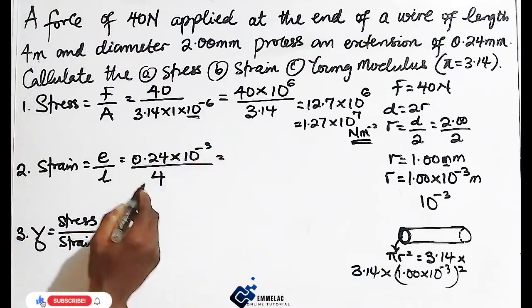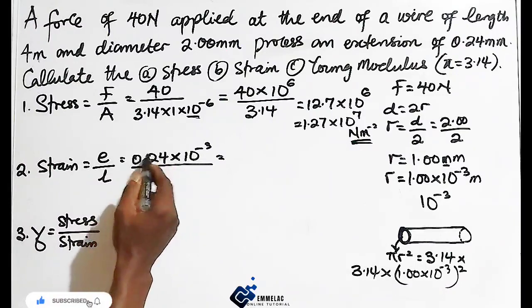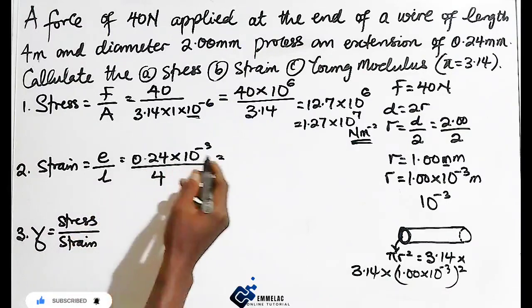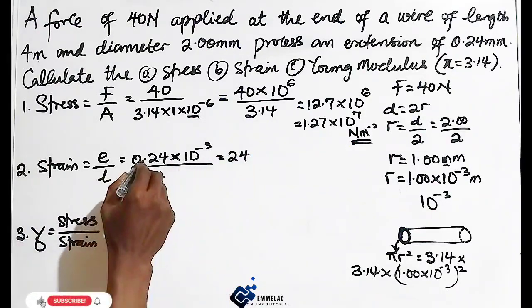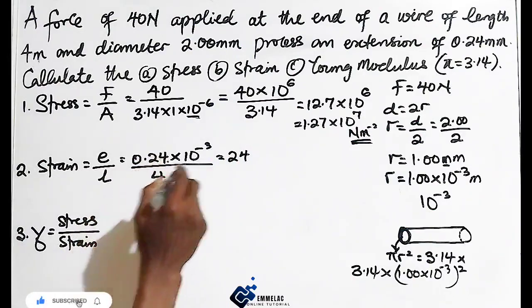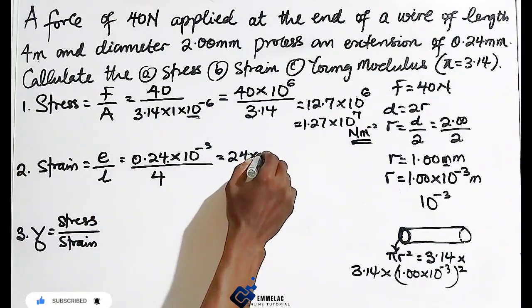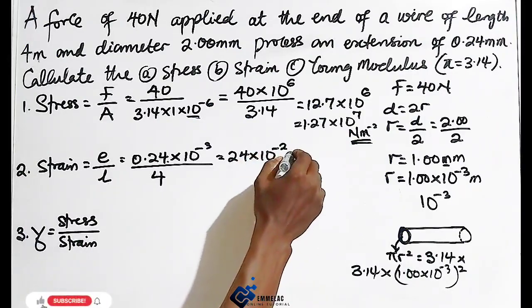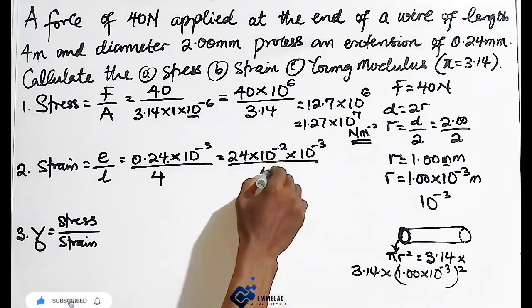Okay, so 0.24 can also be rewritten as 24 times 10 raised to the power of -2, then times 10 raised to the power of -3 all over 4.